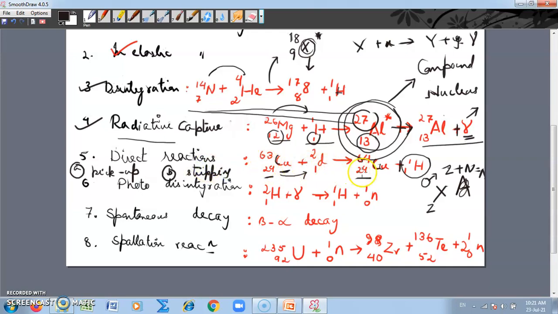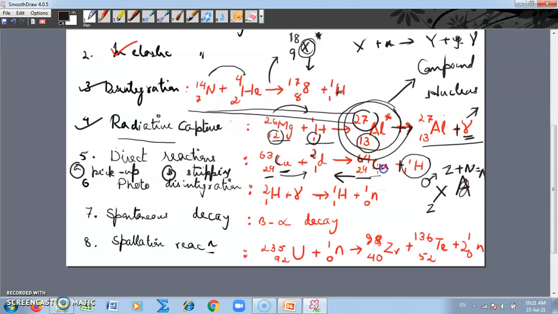This is a pick-up reaction, because you see here what is happening is that the target nucleus picks up a neutron from here and it becomes a product nucleus. And this reaction, if it proceeds in this way, becomes a stripping reaction, because you see what happens here.